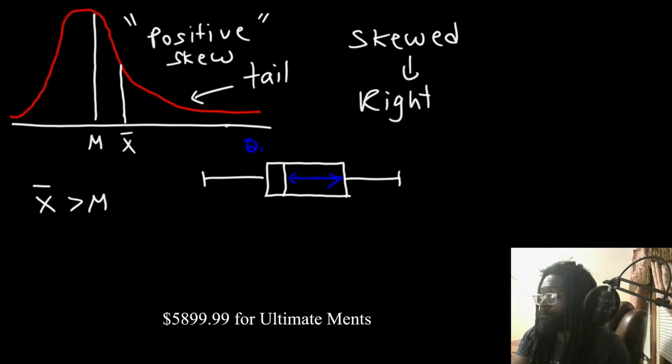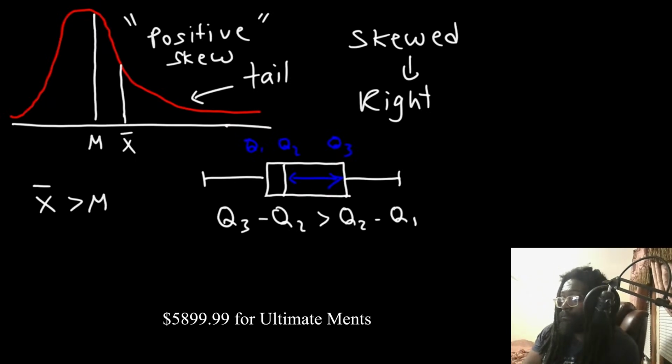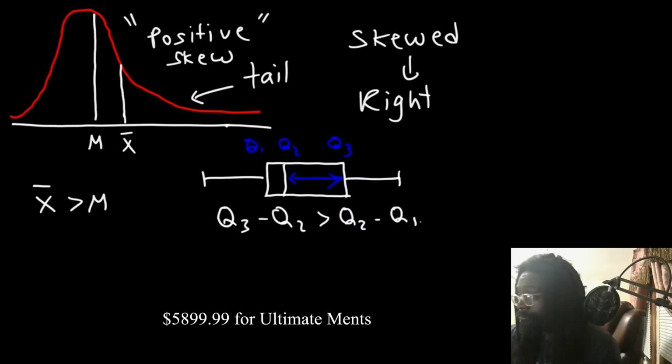So this tells us that Q3 minus Q2 is greater than Q2 minus Q1. And so in that case, looking at the box and whisker plot, you can see that it's skewed to the right. Now sometimes these two boxes may be equal in length.